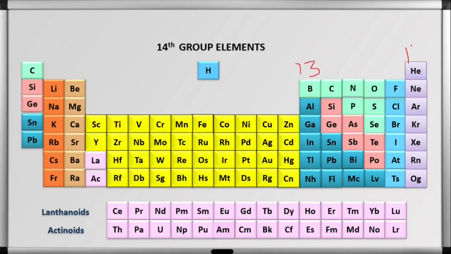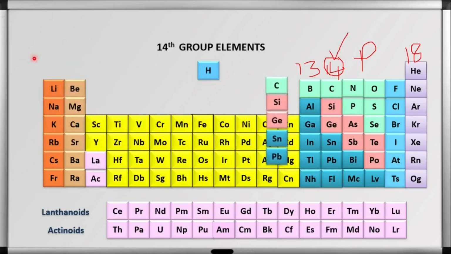These are the p block elements, and these are the group 14 elements. Now we are interested in group 14 elements here, and see, this is our carbon family. This carbon family is placed in group 14.